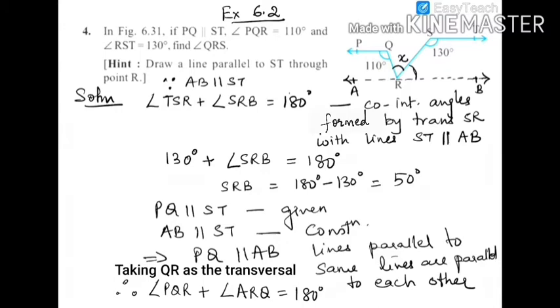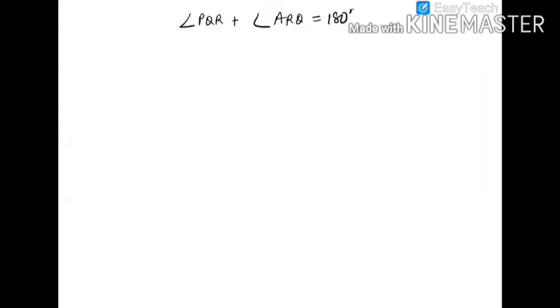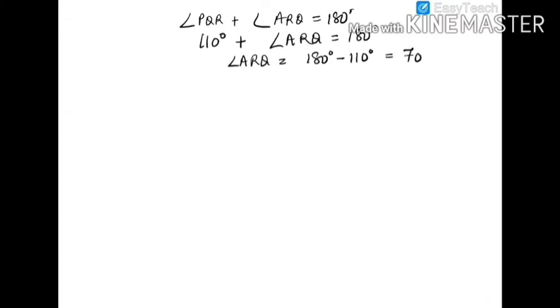But we know that angle PQR is 110. So substituting 110 in place of PQR in the equation, we get angle ARQ equal to 180 degrees minus 110 degrees, which is equal to 70.